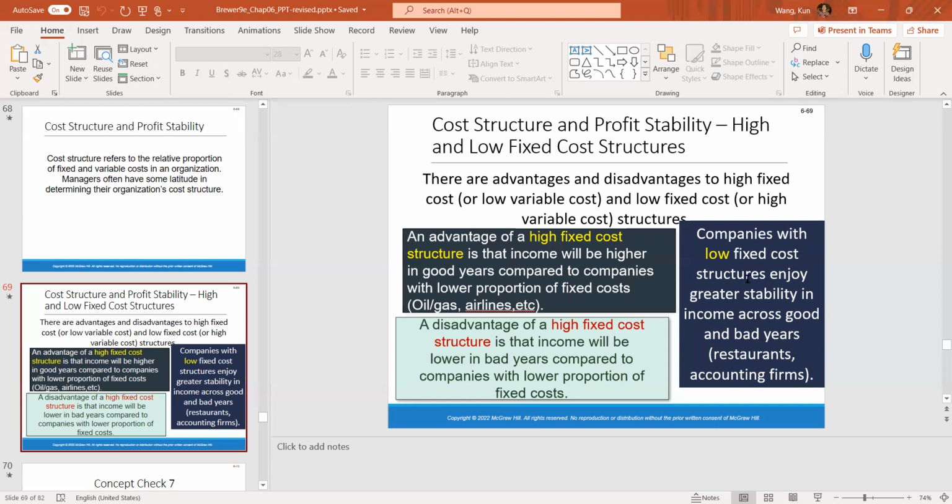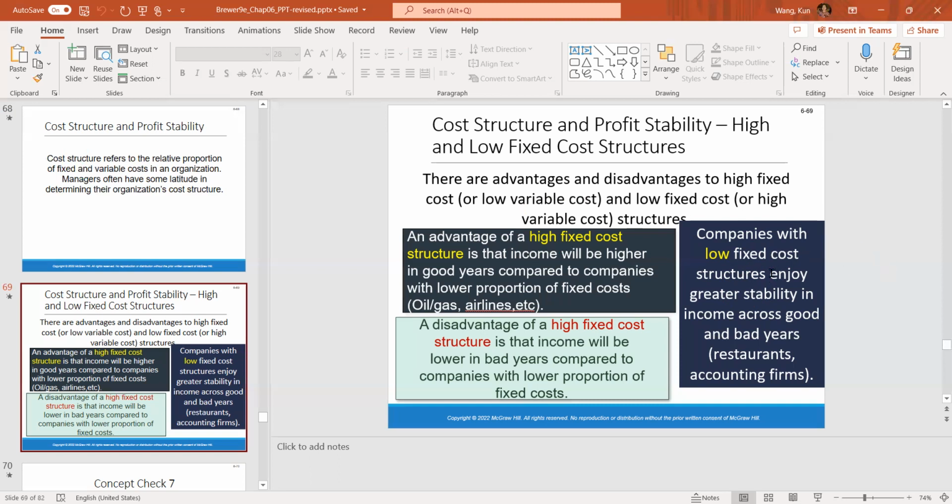So they don't have high fixed cost. For low fixed cost companies, they have low operating leverage, and they can have much greater profit stability, because when their revenue increases or decreases, the net income will be less sensitive compared to the high fixed cost companies.